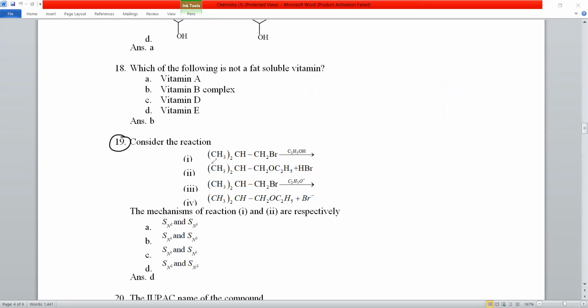Question number 19. Consider the following reaction. The mechanisms of equation 1 as well as equation 2 are respectively. For equation number 1 they have given this mechanism, and this is the mechanism of this one. So what reaction is one? Williamson ether synthesis.